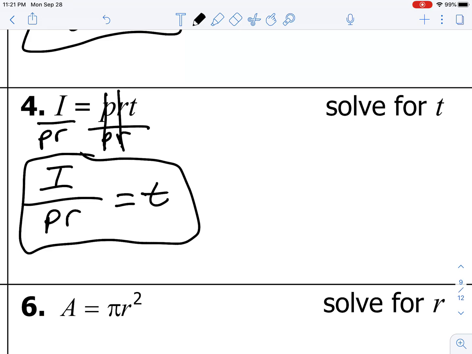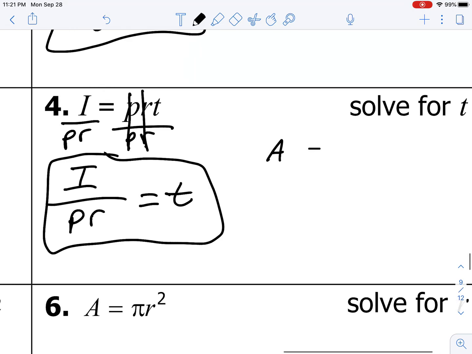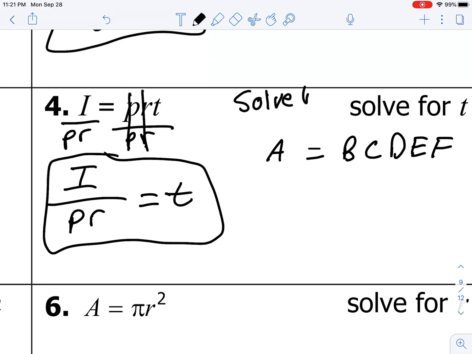I show this example in class, all right? It doesn't really matter what you have up top. You could have something to the effect of this right here: A equals, let's see, B, C, D, E, and F. And we can say solve for D, the one in the middle.